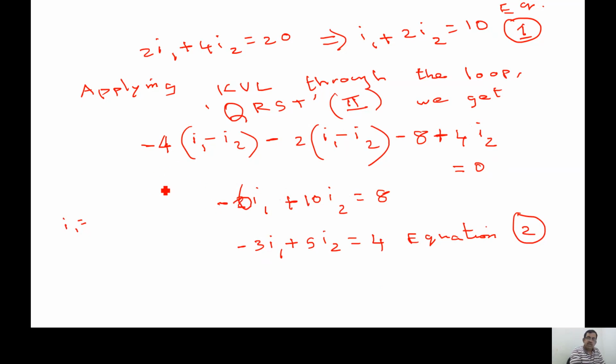You can check for yourself. It's a cross multiplication. There are many methods to solve simultaneous equations, but we are not learning that in this class. I1 is 42 by 11, I2 equal to 34 by 11.